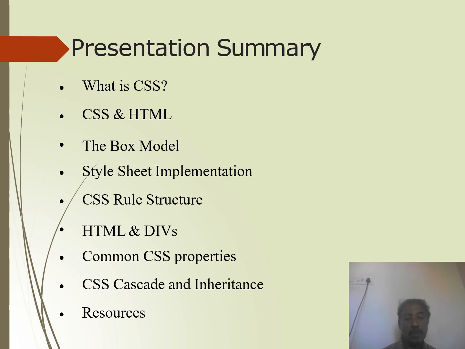Then the box model, the style sheet implementation, then CSS rule structure and HTML and divs, then common CSS properties, and CSS cascade and inheritance, and finally what resources we have.